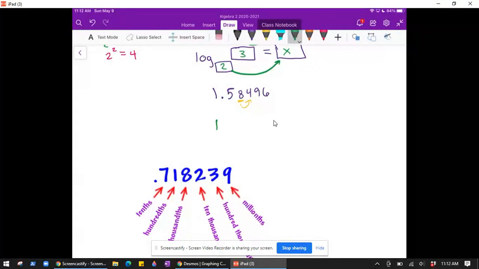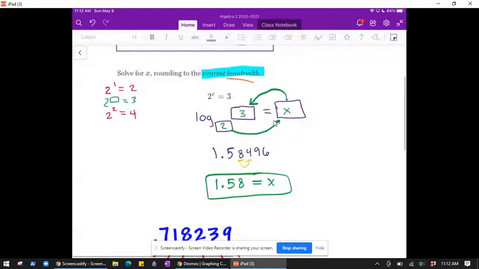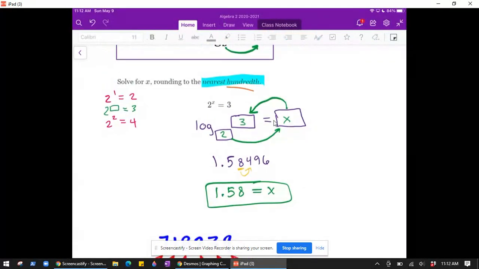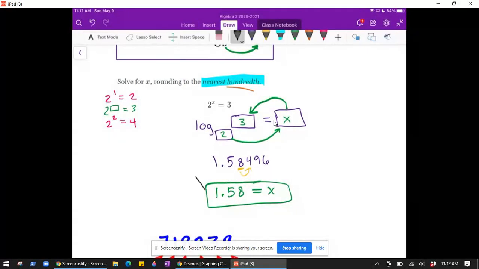So we round down. 1.58 is our answer. And that is what you would type into Delta Math to get this problem correct. Okay, so we have to express an exponential into log form, correctly evaluate it in the calculator, and then round correctly. And notice, just as a little sense check, right?